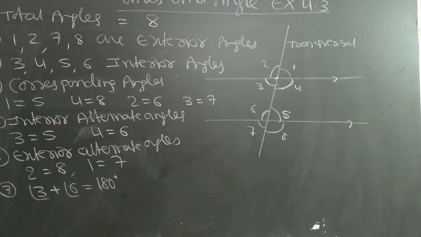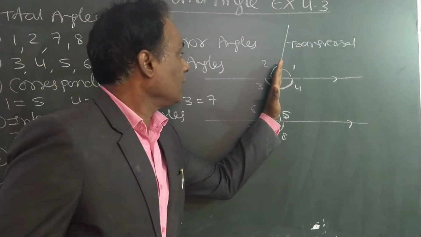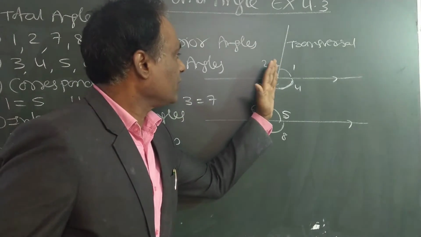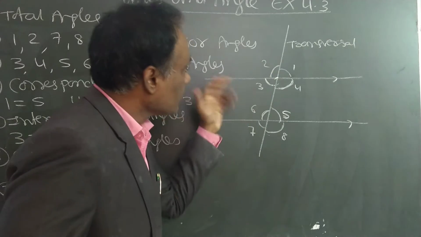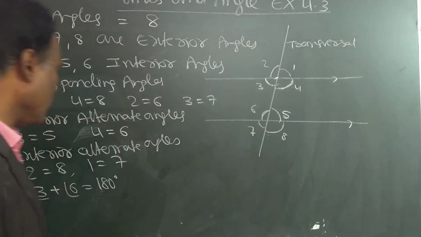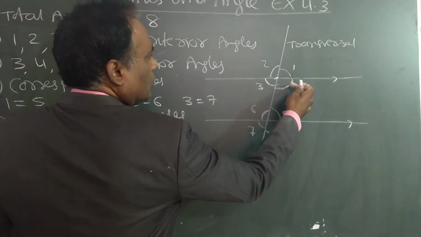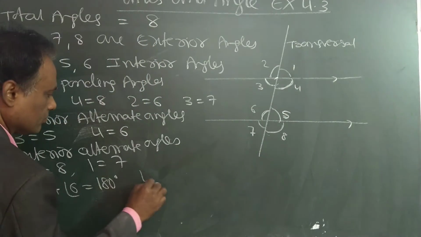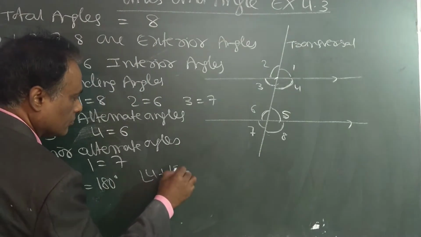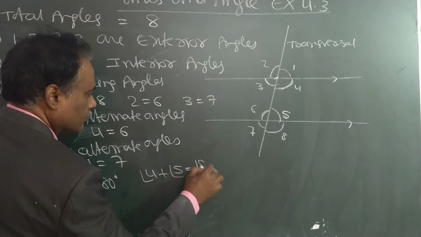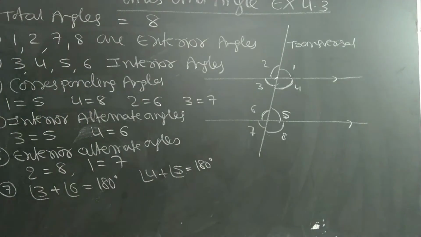That is one important concept. This is a transversal. Both interior angles on the same side of the transversal, 3 plus 6, is equal to 180. In the same way, 4 plus 5 is also 180. Wherever we apply this formula, again I will remind you.